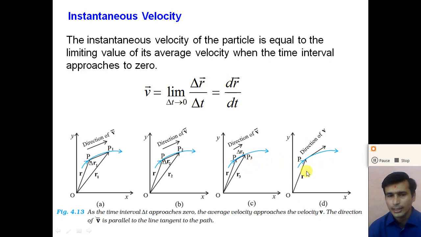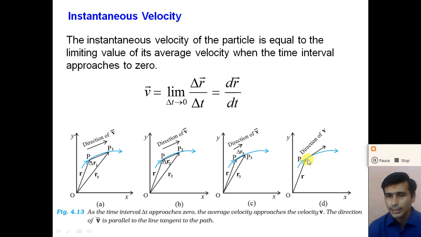Now if we take a time interval very small, we get the tangent drawn at the curve at a point P. The direction of the velocity is in the direction of the tangent drawn at a point P. So from this graph we can say that the velocity as the time interval approaches 0 is called the instantaneous velocity, and the direction of the instantaneous velocity at any point is calculated with the help of the tangent drawn at that point.